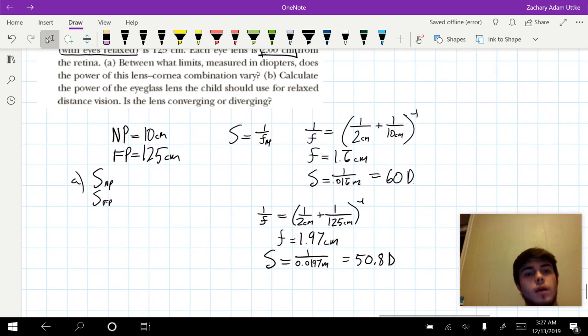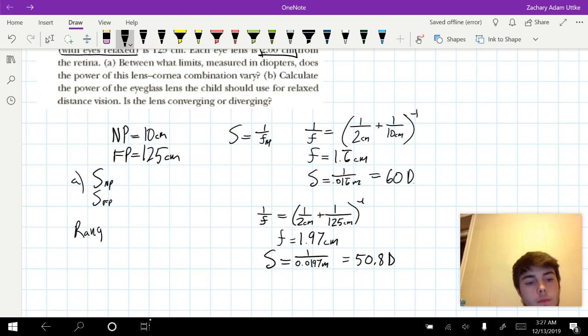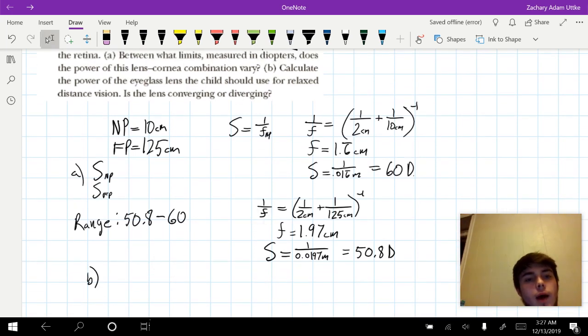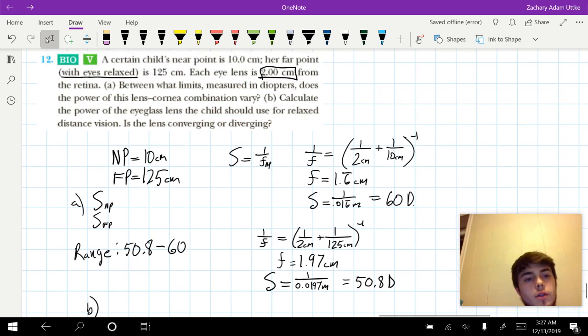Okay, so for part A, between what limits measured in diopters does the power of the lens to cornea accommodation vary? So that is the range. So the range is 50.8 to 60 diopters. Okay, for B, calculate the power of the eyeglass lens the child should use for relaxed distance vision.